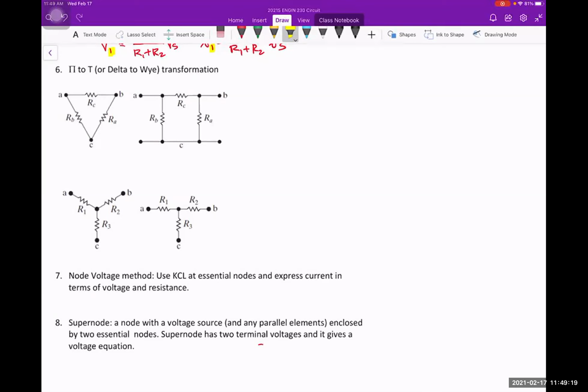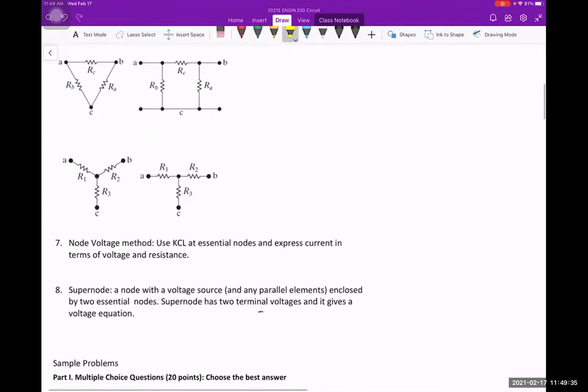When you transform to another circuit, your goal is to make that circuit into a combination of series and parallel, and then you can use those shorthand notations to find the equivalent resistance. And that's the goal of using this transformation.